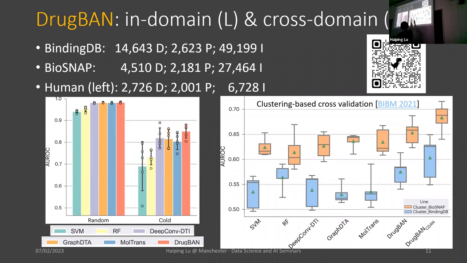This is the largest data set with 49,000 interactions. We also studied the adaptation, whether it can help improve the baseline, which we showed that indeed, if we do the adaptation, we can further improve the results. So this is about the prediction performance.